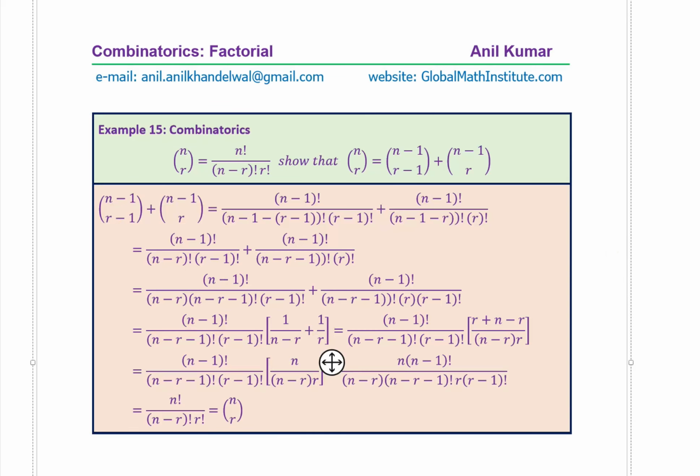Now, let's begin with our combinatorics. So, in combinatorics, we have nCr, n choose r, which basically is defined as n factorial over n minus r factorial times r factorial. Now, here is a rule, which you also saw in Pascal's triangle. Every term is the sum of the previous two.